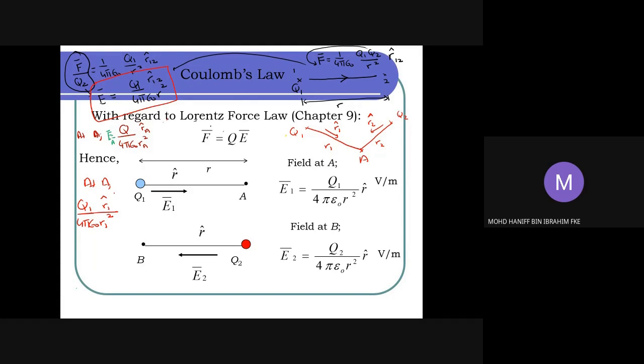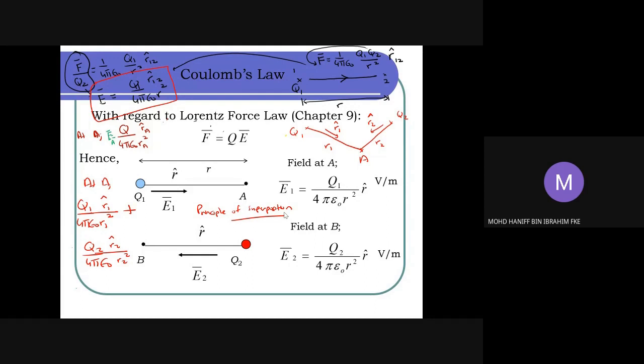We add this to the second contribution from Q2: Q2 over 4 pi epsilon naught R2 squared with R2 hat. That is the principle of superposition, in which we add the effect of the electric field produced by all point charges in the given problem.